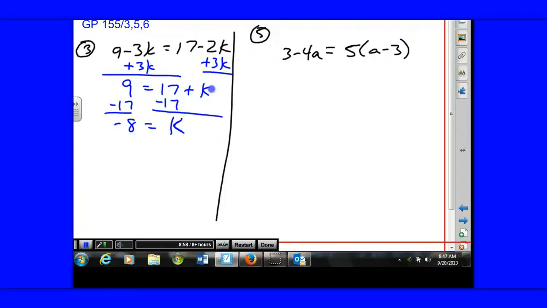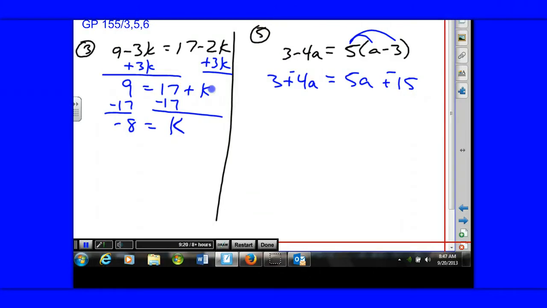So we learned with the grouping symbol that we can go ahead and distribute, right? 5a minus 15, right? Equals 3 minus 4a. We could change this to adding the opposite, and we see that the right side has a greater number of a's.